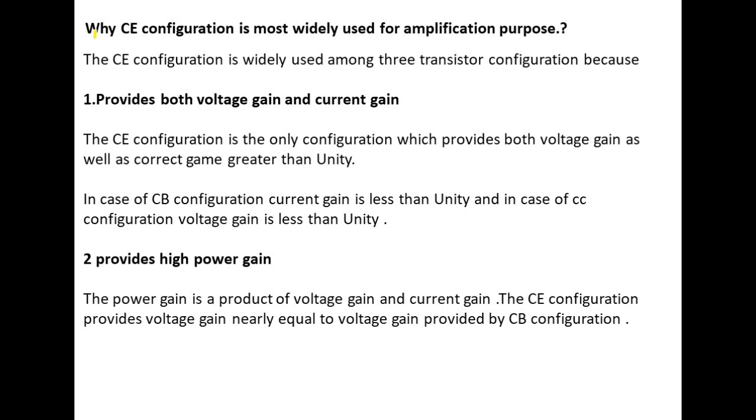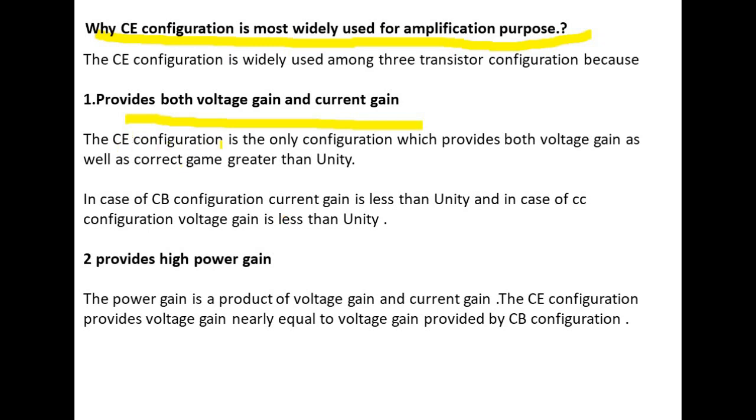Now we have studied all three configurations. Here we notice that common emitter configuration is most widely used for amplification purposes. Now let us check why this is so. The CE configuration is widely used among the three transistor configurations because common emitter configuration provides both voltage gain and current gain.